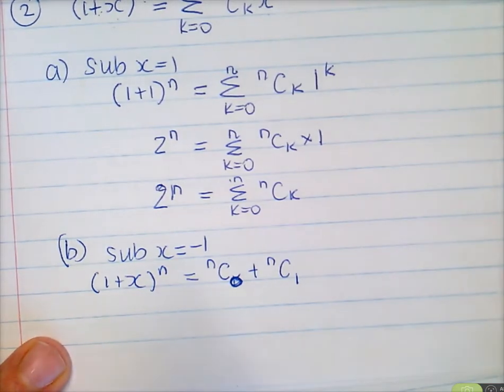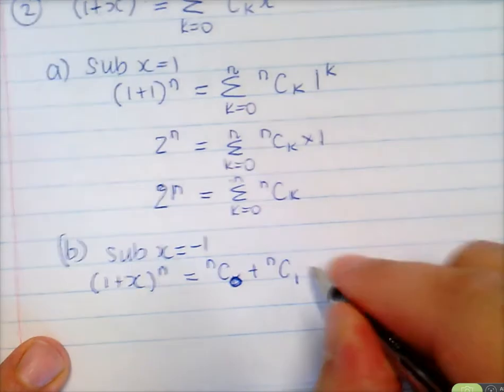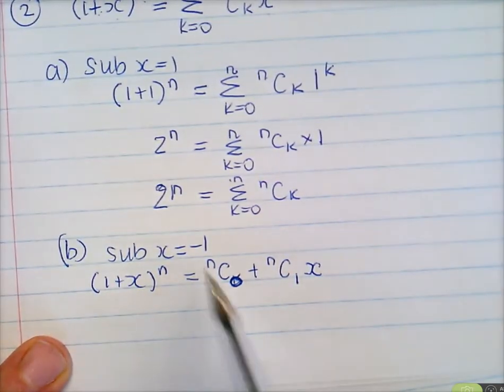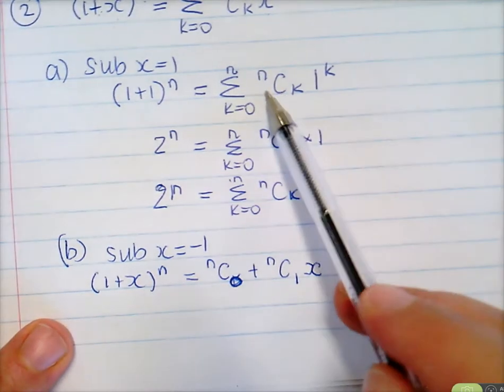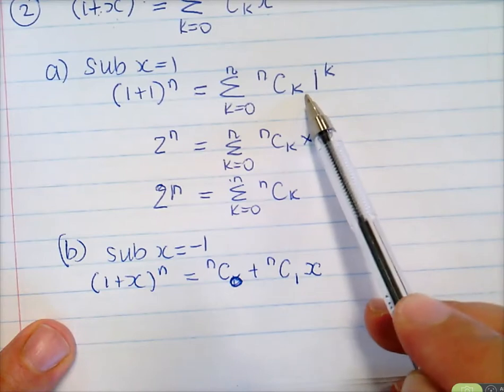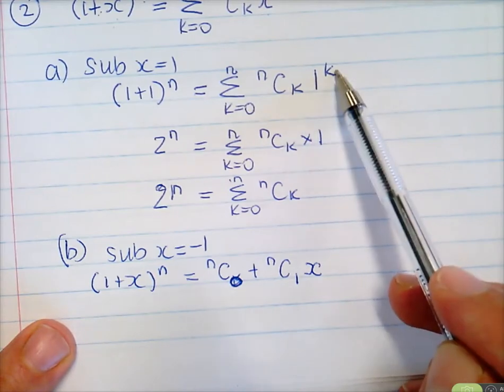It needs expanding. Plus nC1 what? X. It would be nC0, yes, girls, it's telling you to start from k is 0. So you'd get nC0, 1 to the 0.